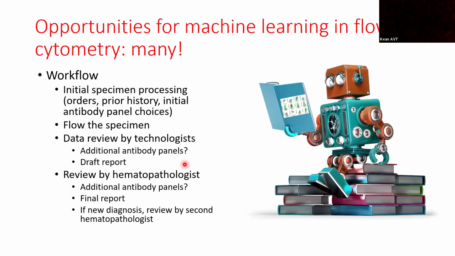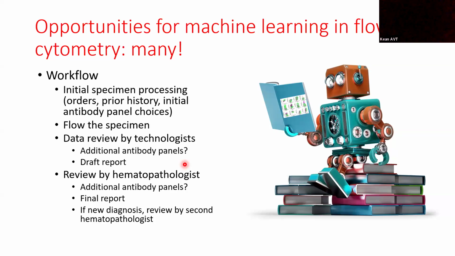Okay, so what are the specific opportunities we have? In the general workflow in the clinical lab, first the specimen comes in and it has to be processed. We have to place orders, which are often based on the prior history of the patient, and we have to pick initial antibody panels. Then we flow the specimen, and then the data are reviewed by technologists who may order additional antibody panels and draft a report.